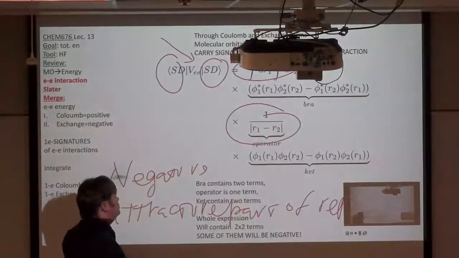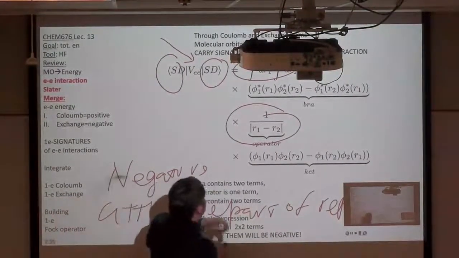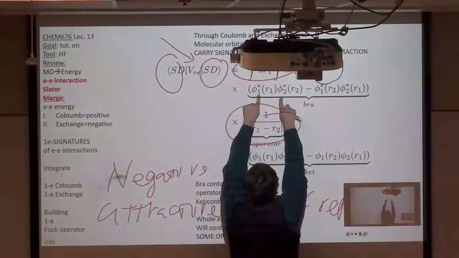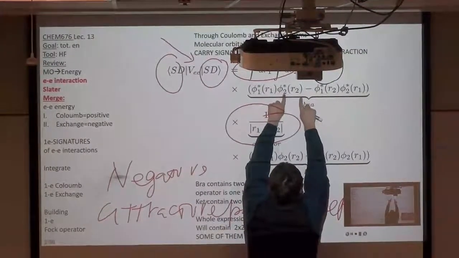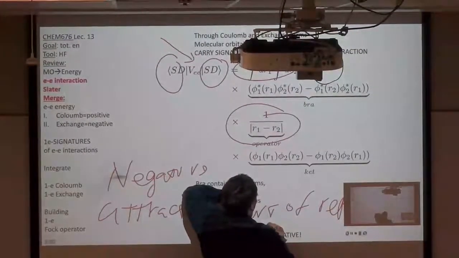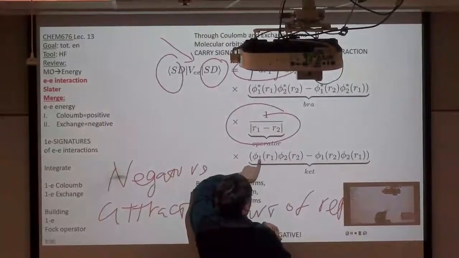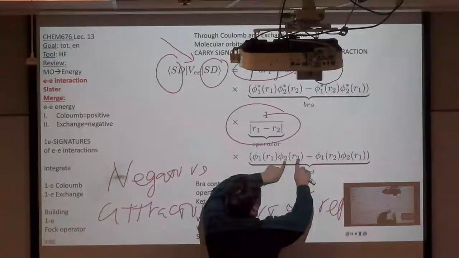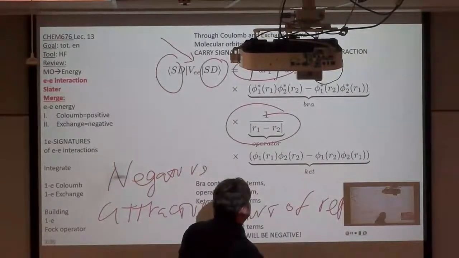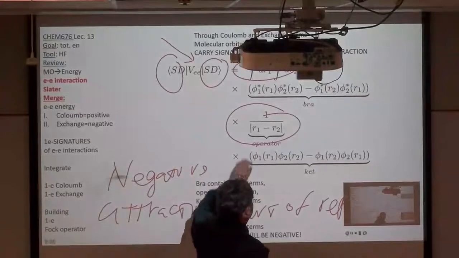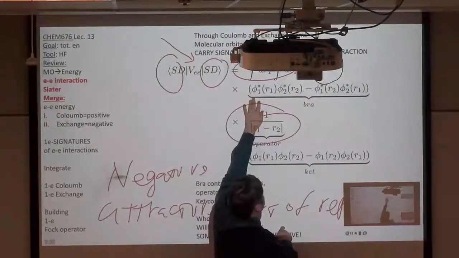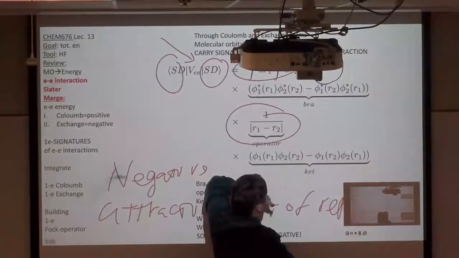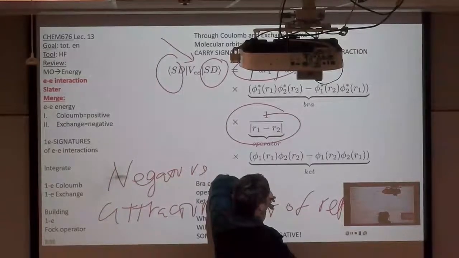And if we look at these 4 terms, there will be 2 pairs. The first pair is when the index of the molecular orbital and the number of the electron coincide: orbital 1, electron 1, orbital 2, electron 2. So the indices repeat in the bra part and in the ket part.